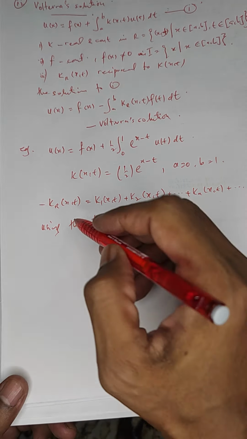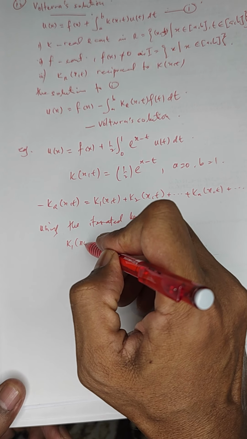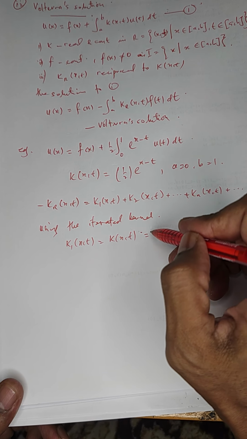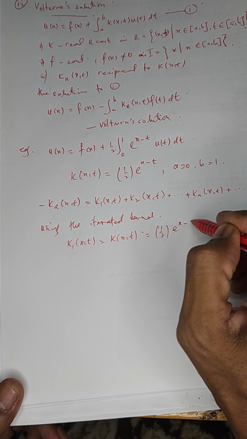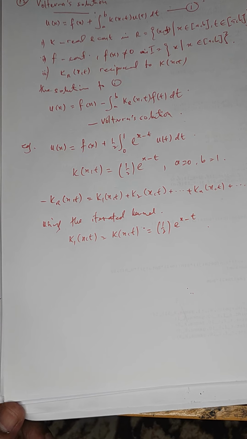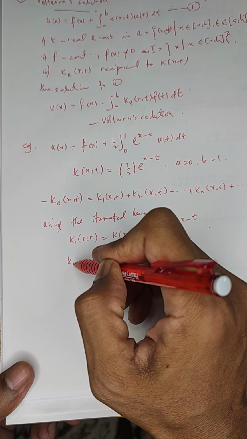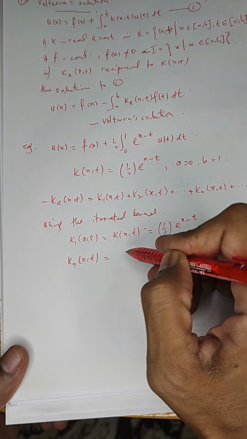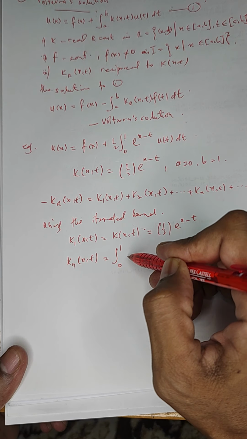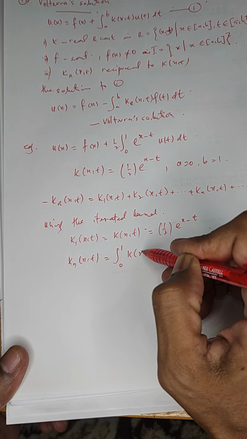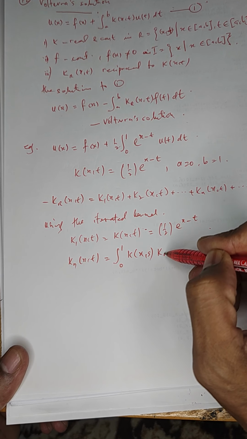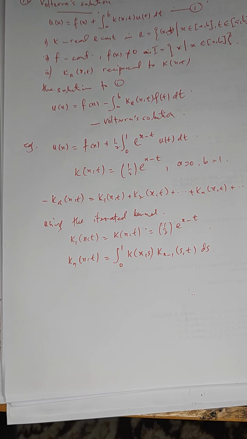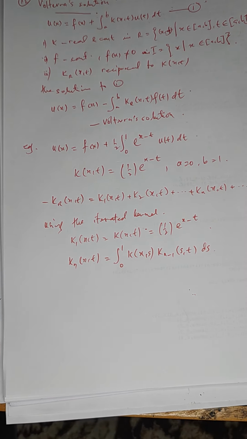We have k_1(x,t), which is k(x,t), which is half e^(x-t). Then the nth iterated kernel k_n(x,t) is given as the integral from 0 to 1 of k(x,s) k_(n-1)(s,t) ds, for n equal to 2 and so on, because 1 is already there.